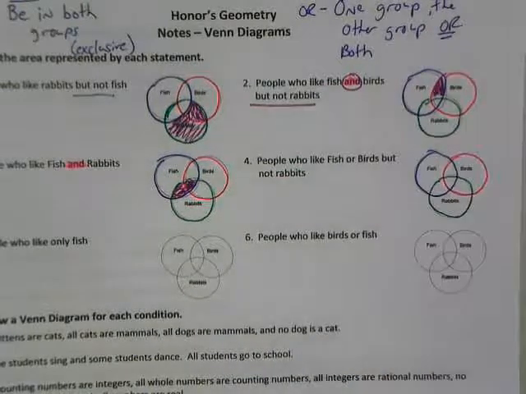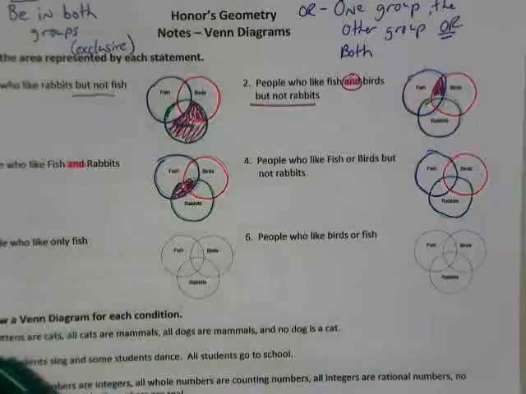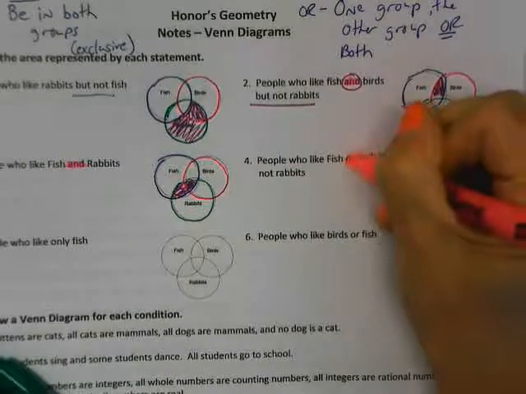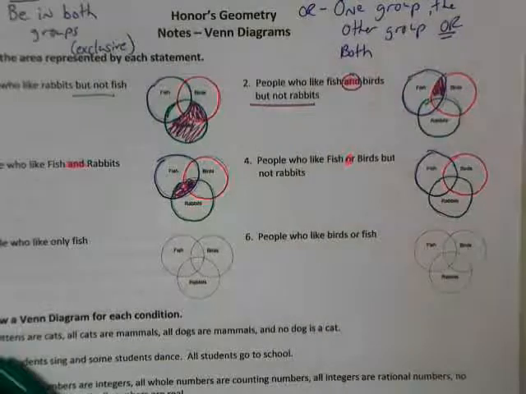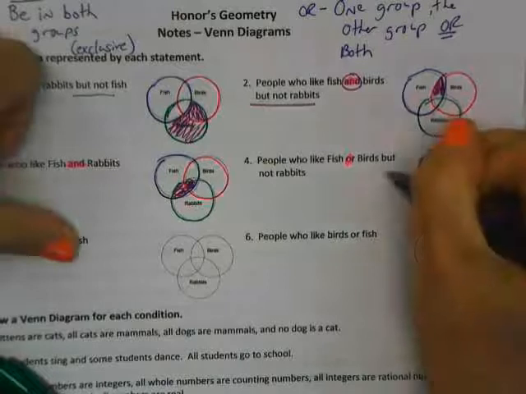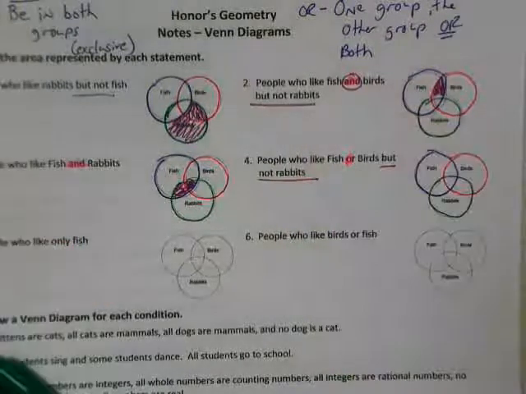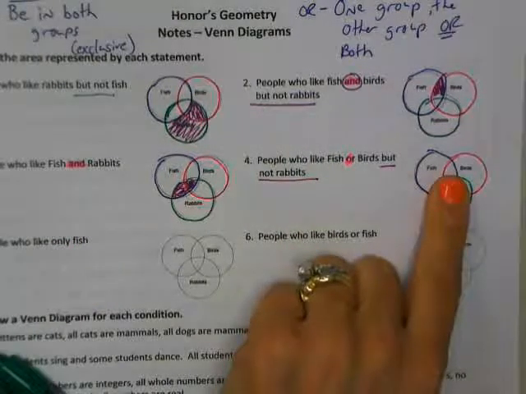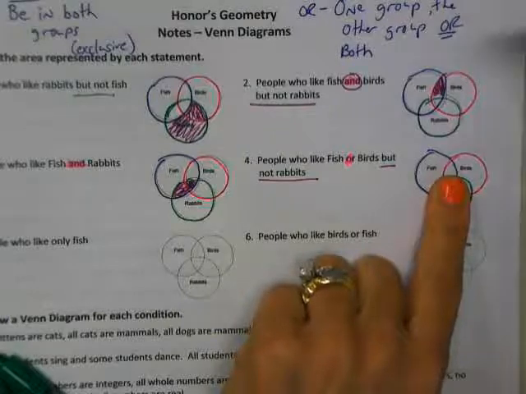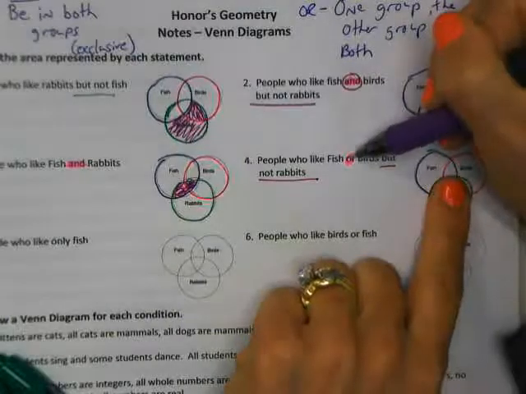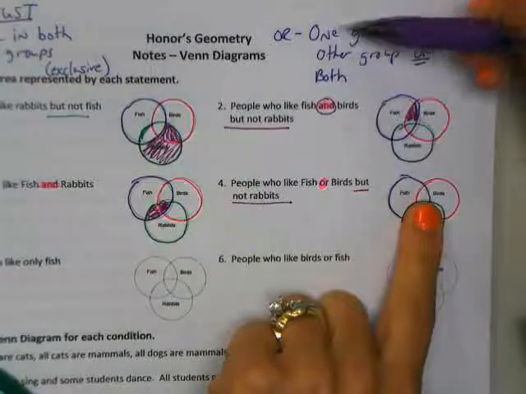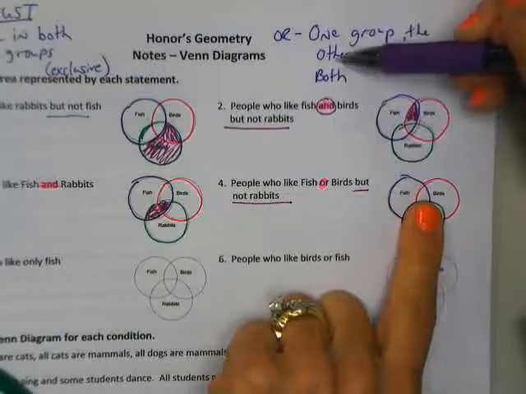People who like fish or, so a different connector this time, birds, but not. Alright, so again, I'm excluding rabbits. So that means you have to use your finger and cover up rabbits. Now let's look. Our connector is an or. And the or says you can be in the fish group or the bird group or both groups.